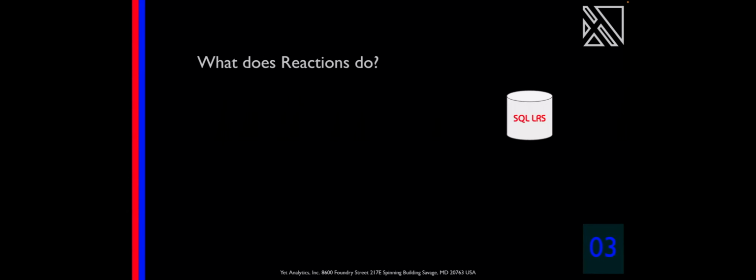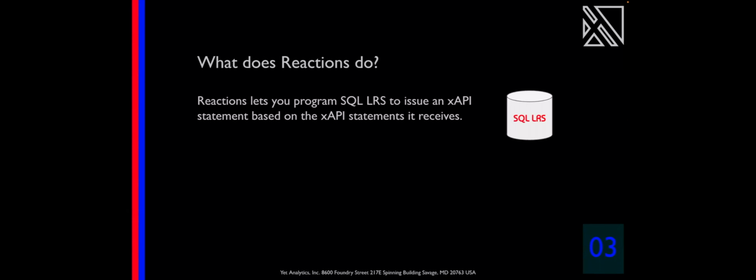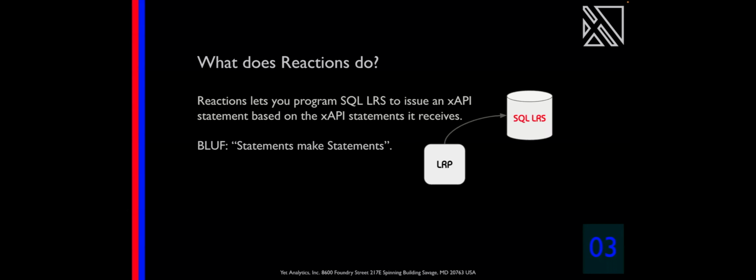So what does it do? Reactions lets you program SQL LRS to issue an xAPI statement based on the statements that it receives. So the bottom line up front is statements make statements. If you look at the illustration, we have SQL LRS. We have one learning record provider that is sending xAPI statements to SQL LRS.